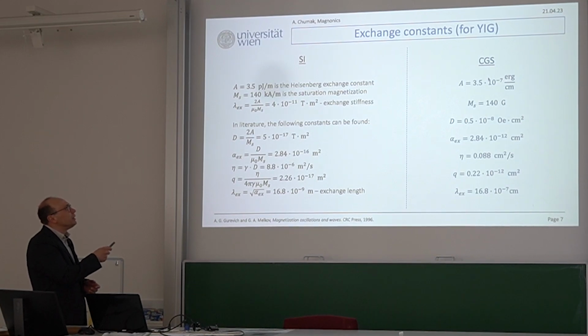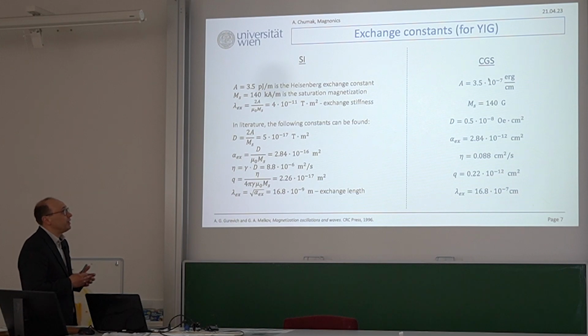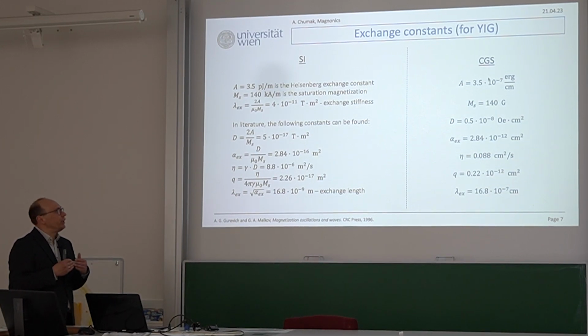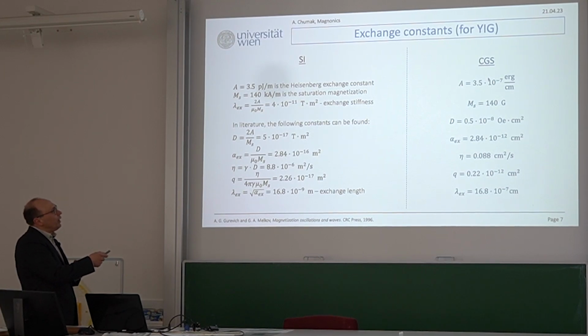Therefore, keep in mind that Ms is very important for the properties of exchange waves and for the interplay between dipolar and exchange energies. Another constant, D, 2A over Ms, alpha exchange, will also be used.